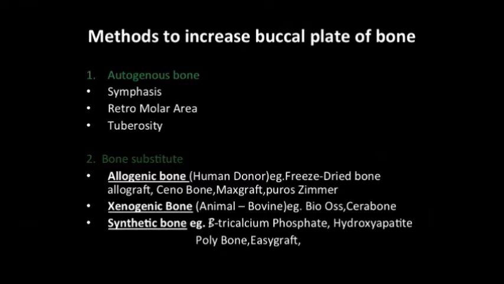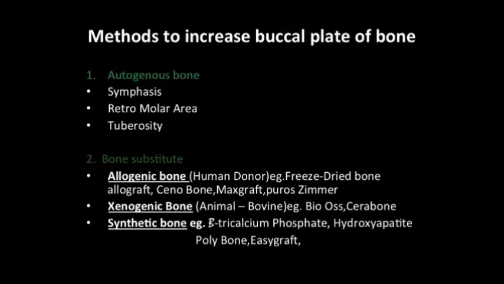One more thing is the xenogenic bone, which is originally taken from animals, like bovine bone, such as Bio-Oss and Sera bone, which is a very common material that everyone is using nowadays in the dental field. And we also have synthetic bone, such as beta tricalcium phosphate or hydroxyapatite, like Polybone, the Easy Graft, and so on.